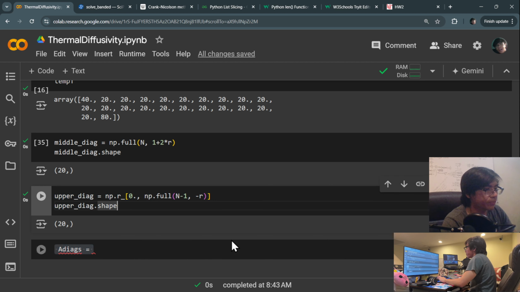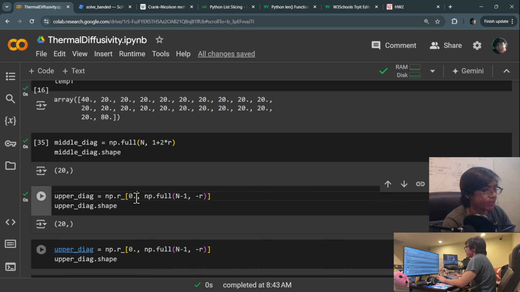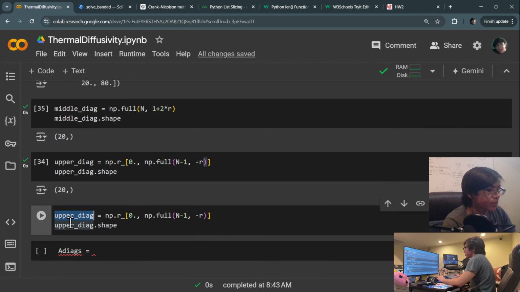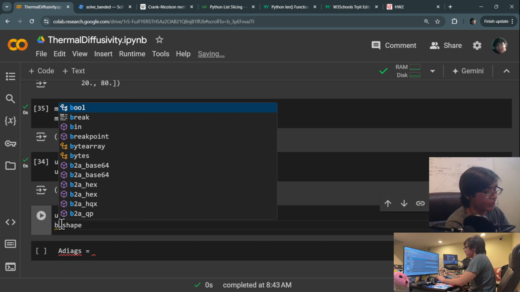Again, lower diagonal, very similar. All I'm doing is moving this 0 to the right because, again, it's the lower diagonal, so we add zeros to the right. So I do Control-Shift-L. I'm just going to change the name to, can I just click on this? No? Okay. Let's do bottom. Okay, whatever.